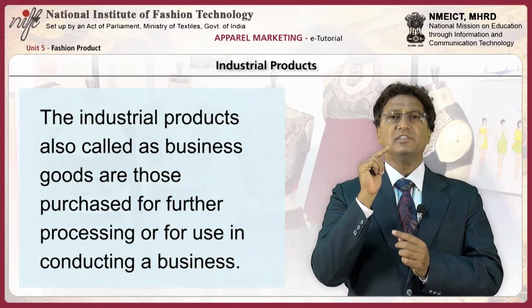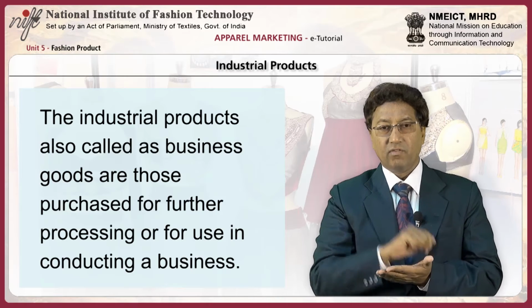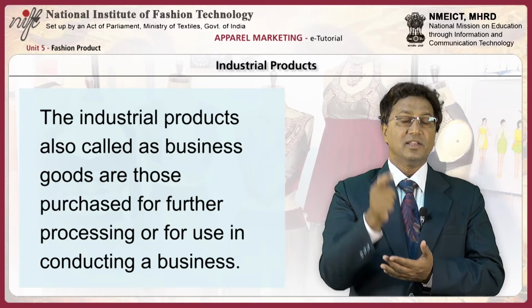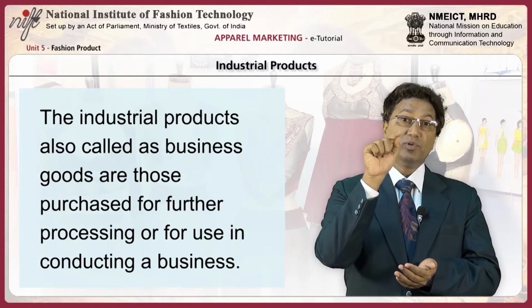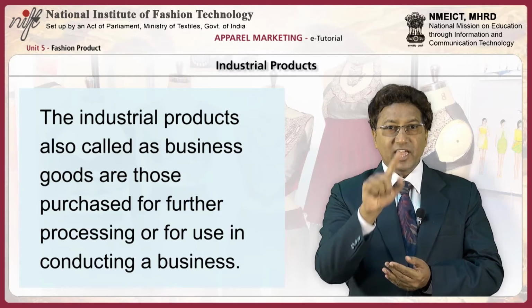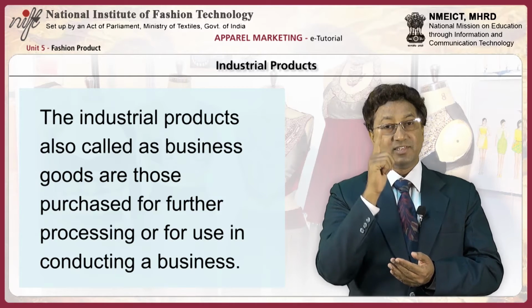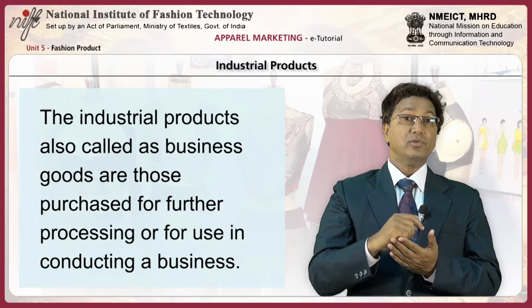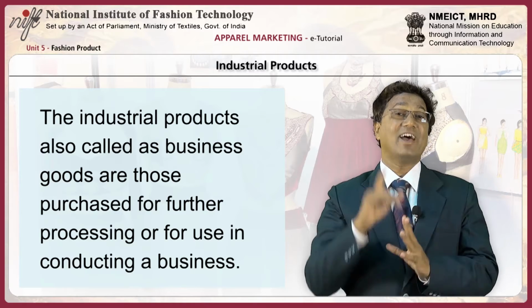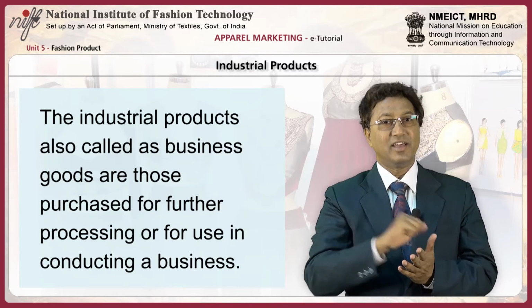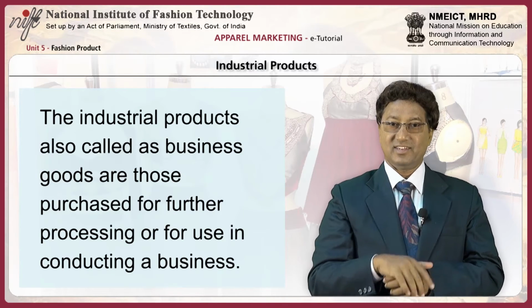If a consumer buys a steam iron for use at home, the steam iron is a consumer product. If the same consumer buys the same steam iron for use in a garment manufacturing factory, the steam iron is an industrial product.